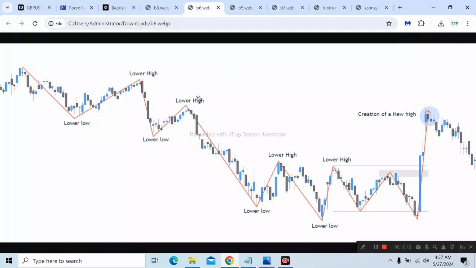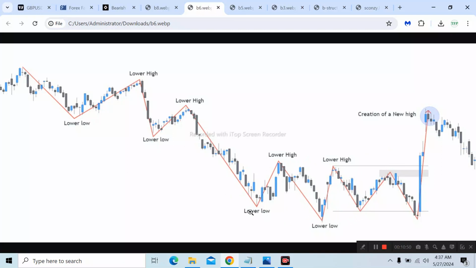This is another practical example of a change in the market structure. Let's say we see price forming these lower lows here on our chart. How we notice that price is about to change structure from the bearish to the bullish is this: price will now refuse to form lower lows.